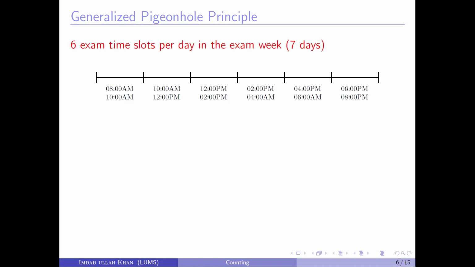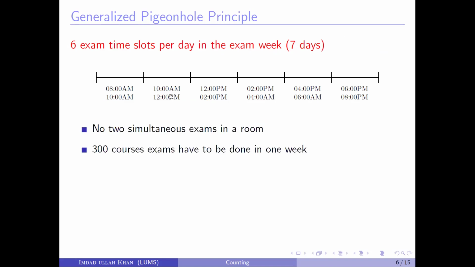Your task is to schedule exams in different exam slots. You have been given 6 exam slots per day in an exam week, which is 7 days. So in total, you have 6 times 7, 42 different slots. No 2 simultaneous exams in a room. 300 courses have exams, and you need to schedule them.